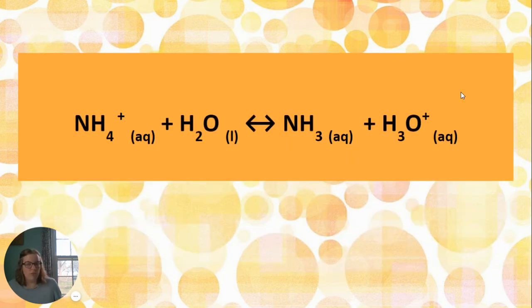And here's the reaction for that. The ammonium ion, NH4+, gets together with water, and it turns into ammonia and the hydronium ion, and that makes that solution a little bit acidic. So if I mix those two things together and perfectly neutralize them, my pH is going to be just a little bit under 7 in this case. Okay? It's a little complicated. It takes a little bit of practice.